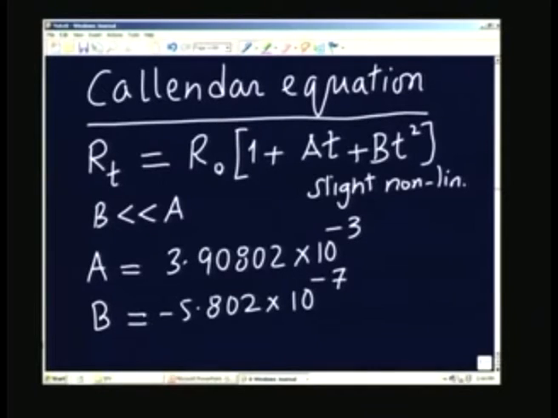So, you will appreciate now that when we use the resistance thermometer over a wide range of temperatures, the nonlinearity is going to become important, okay, because B is going to multiply by the square of the temperature, and the square of the temperature, if it is 100, for example, it becomes 10 to the power 4. If it is more than 100, it becomes even greater than that, and therefore, I am multiplying this actually by a factor of 10 to the power 4.